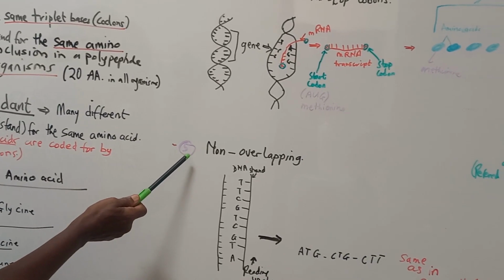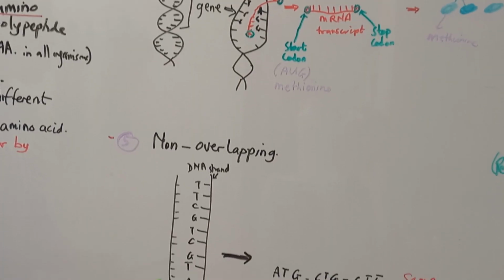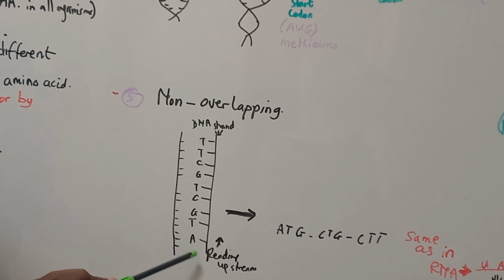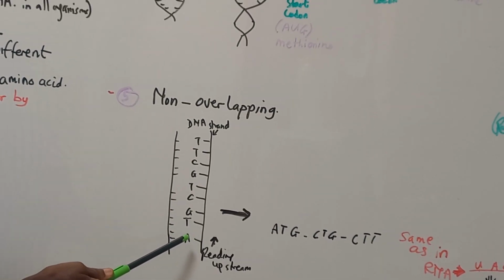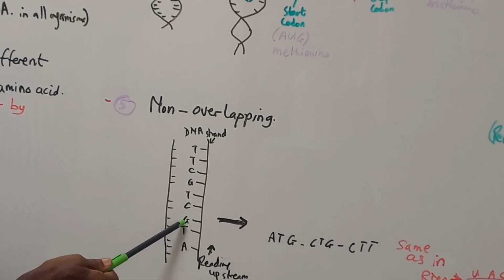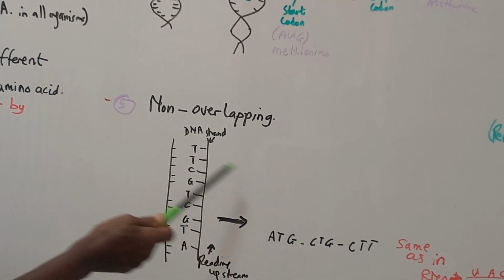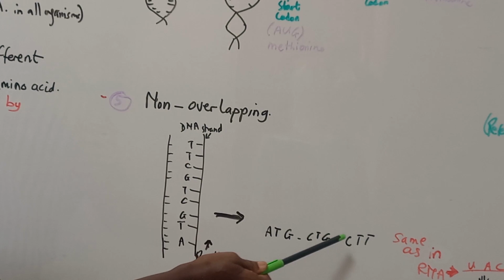Then the genetic code is non-overlapping. It means the codons are read straight. For instance, if there's one strand of DNA, the genetic code is read ATG, that's one, CTG, one, CTT. So ATG, CTG, CTT.